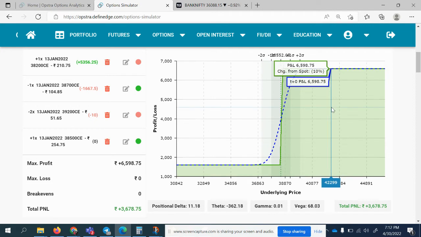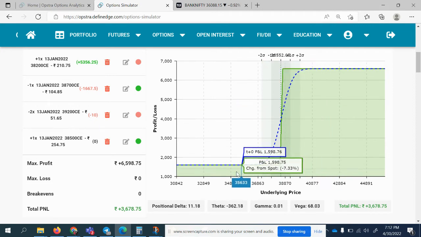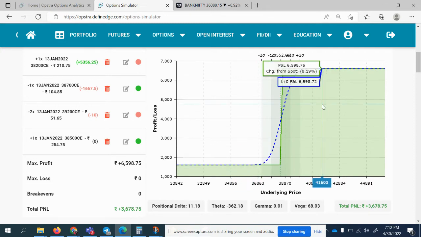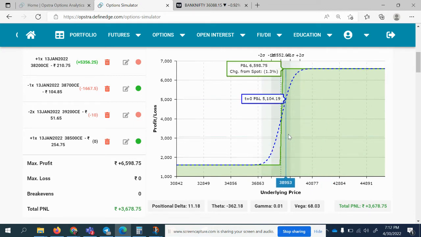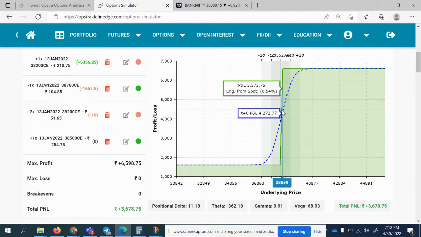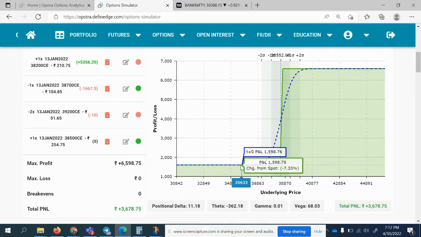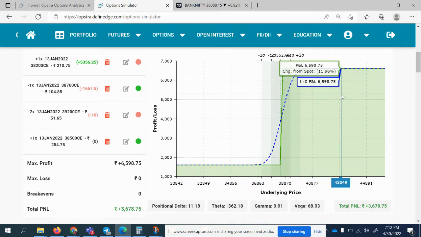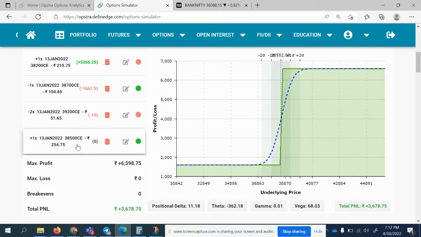Minimum profit you will get, maximum profit is almost 6,598. So you will get 6 to 7% minimum, with a scope of 20 to 25% on the upside. So if you still have a concern saying that okay, market might fall down, so we will end up not getting this entire trade, you can do one thing.